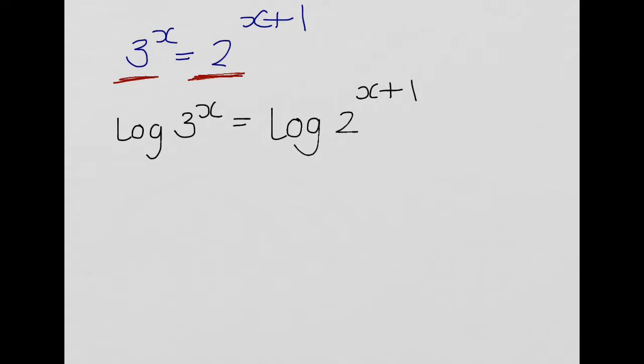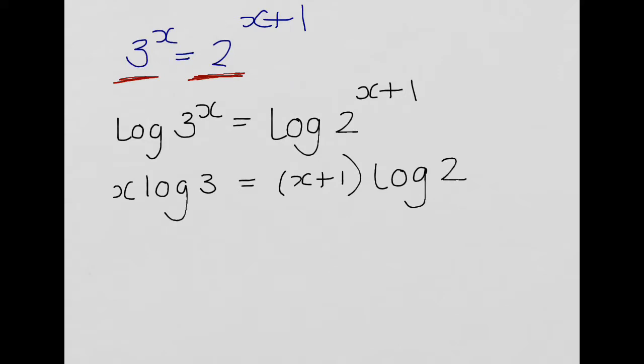I'm going to use my power rule now for logs, and I can write, and notice how I put the x plus 1 in brackets, just so that I'm aware that I am multiplying log of 2 to the base 10 by x plus 1.